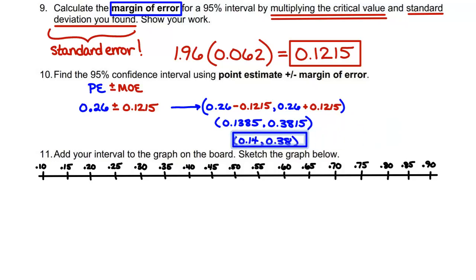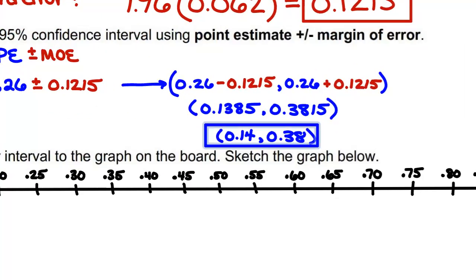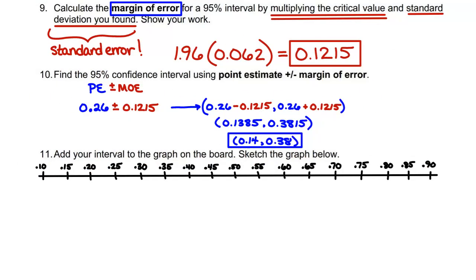There we go. So for mine, I got 0.14 to 0.38. It's fine to take it to just 2 decimal places, yeah. You have to add whatever your margin of error was to your point estimate, and then you have to subtract. Subtract for your lower bound, add for your upper bound.